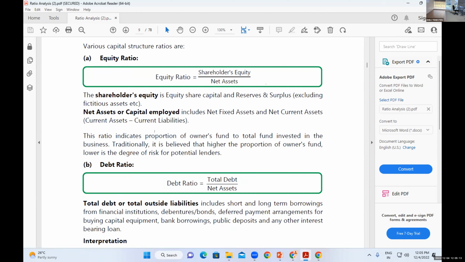It is the initial capital invested plus or minus profit earned, minus profit drawn back by the owner for personal use. Simple thing: total assets minus external liabilities is equal to internal liability. Internal liability is nothing but shareholders' equity, divided by net assets.